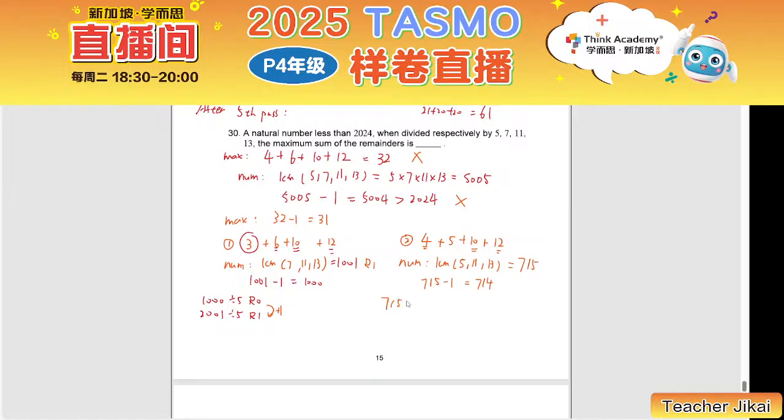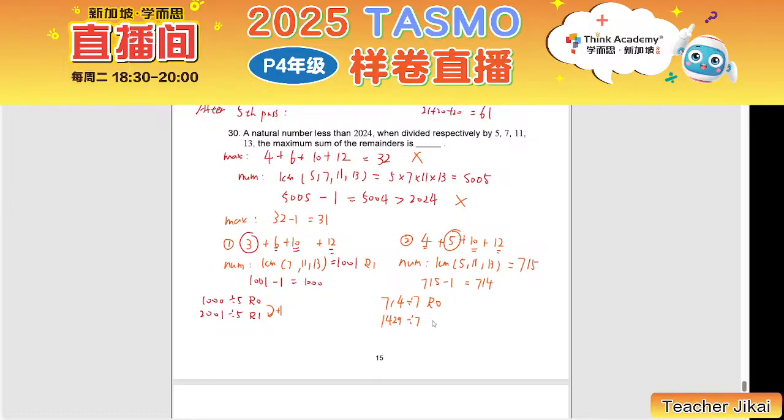So 714 divided by 7 here, because we are going to examine this 5. Divide by 7, remainder 0. And then we plus another 715, so 1429.